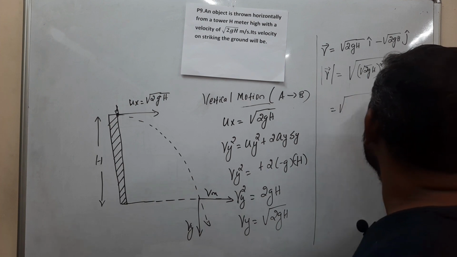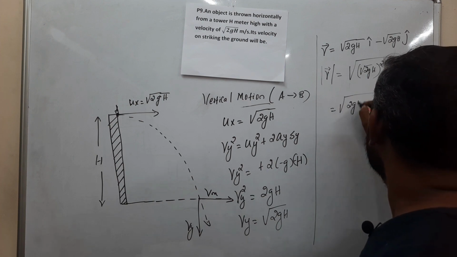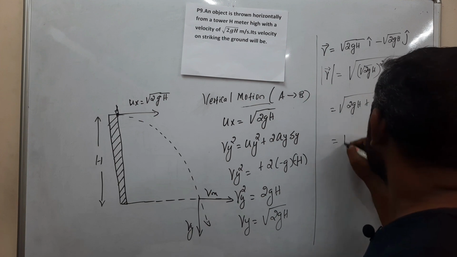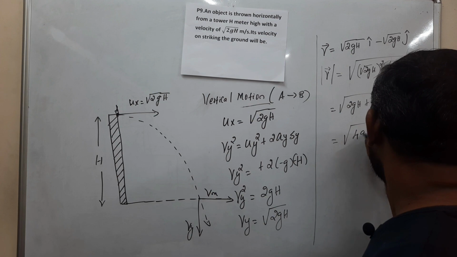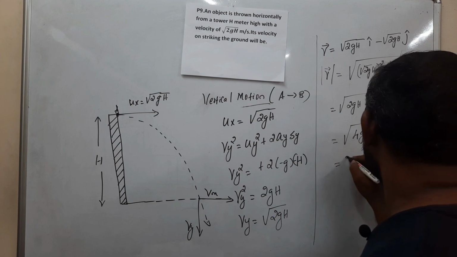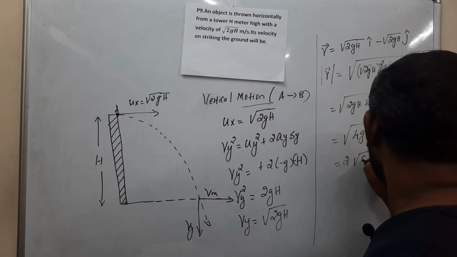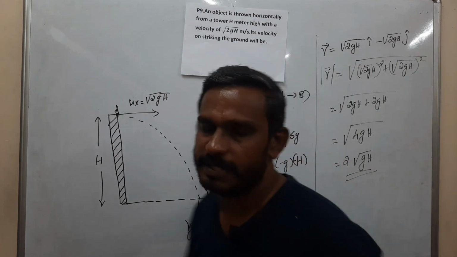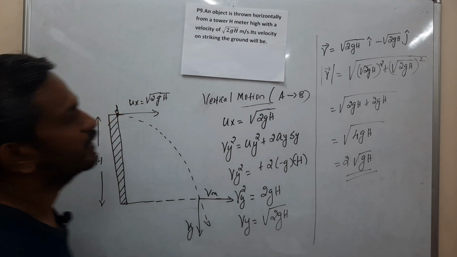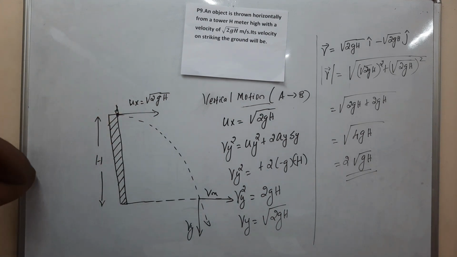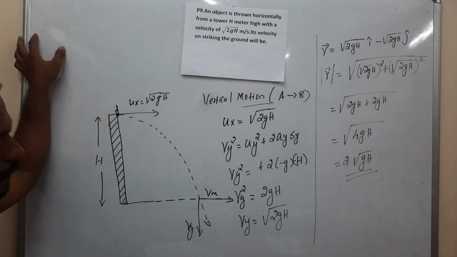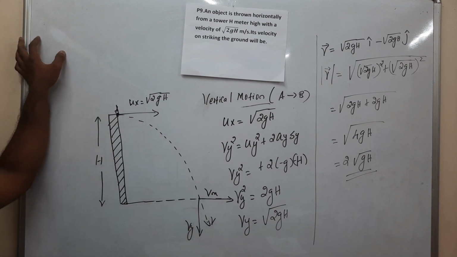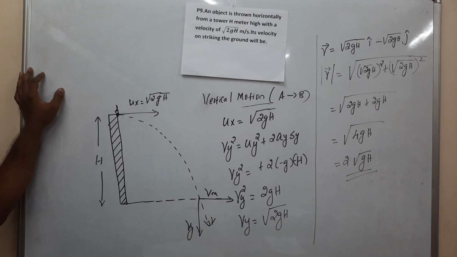That is equal to root of 2gh plus 2gh, so that is equal to root of 4gh, which is 2 root of gh. It's the speed, or the magnitude of the velocity. So this is the velocity. Clear?